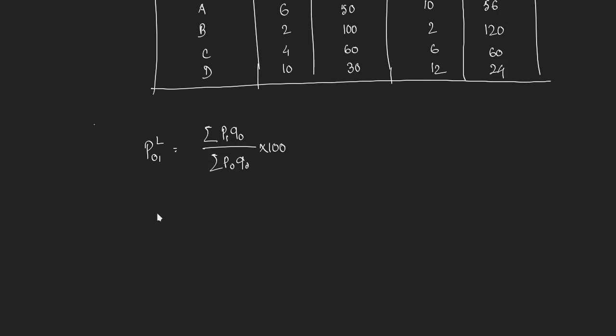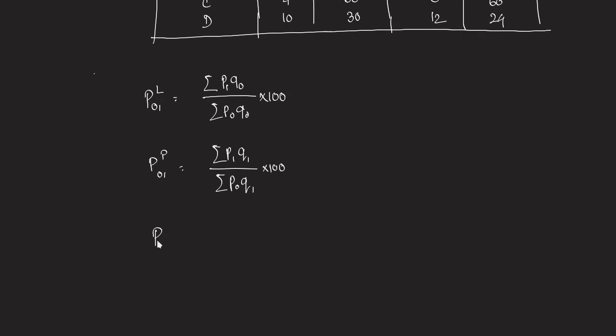That is one formula. P01 Paasche is summation P1 Q1 by summation P0 Q1 into 100.